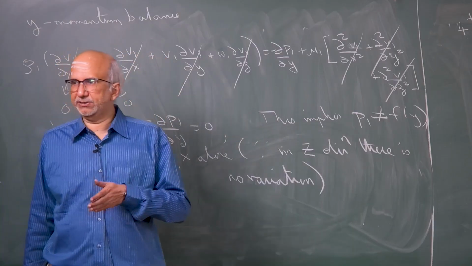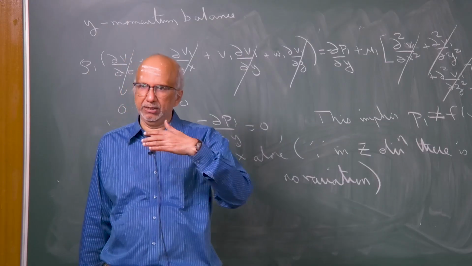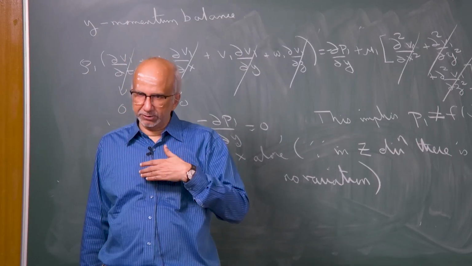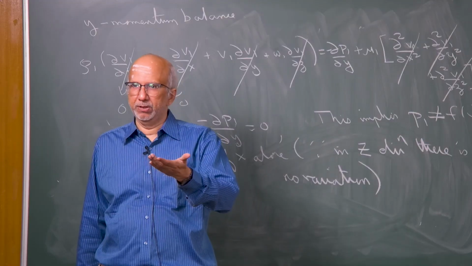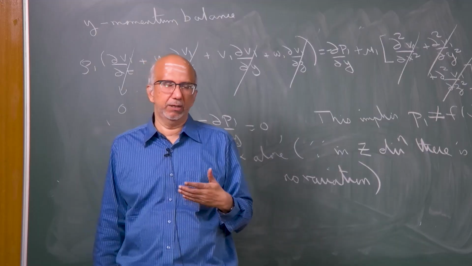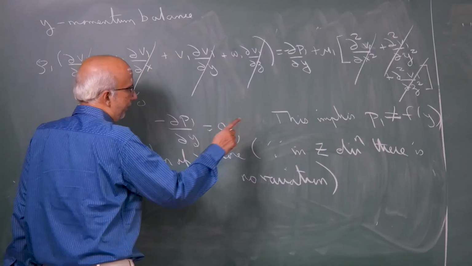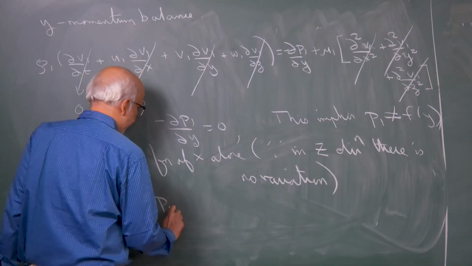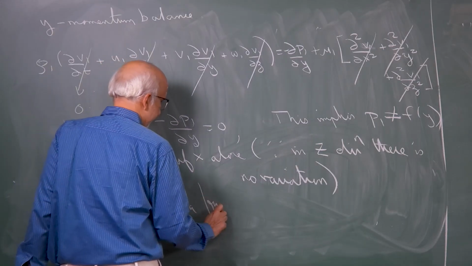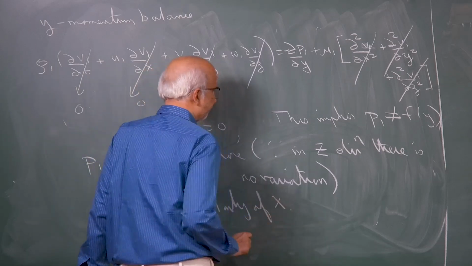In the z direction again, there is no change, so the pressure does not vary with respect to y, pressure does not vary with respect to z, and pressure is a function only of x. So pressure is independent of y, so p1 is a function only of x.